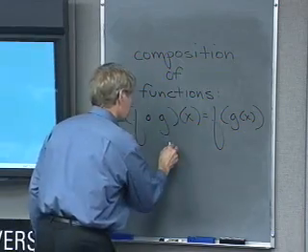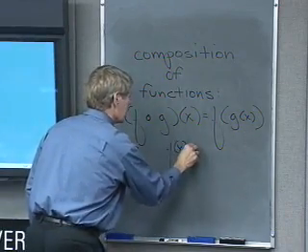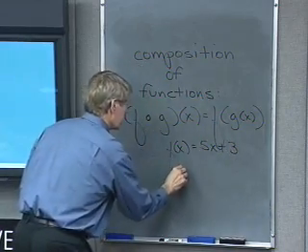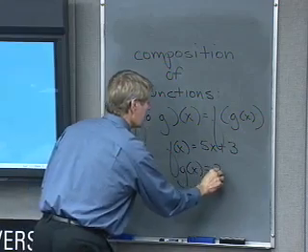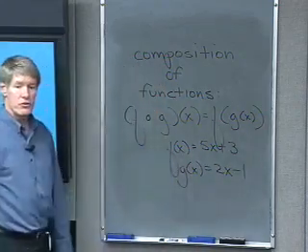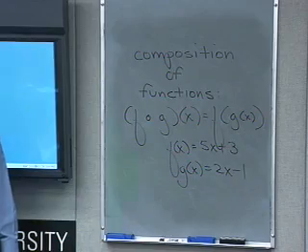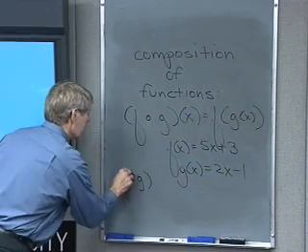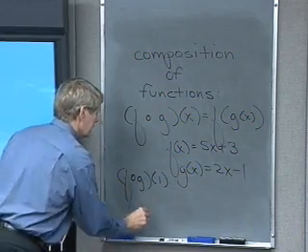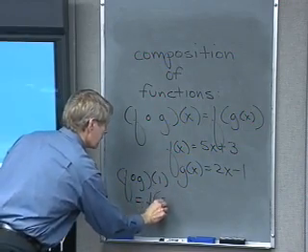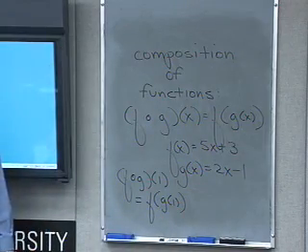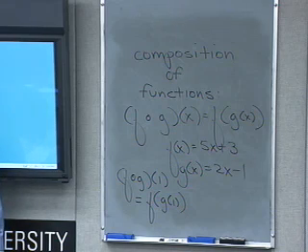So let's take a simple one. There's the f of x. There's the g of x. Let's start simple with a point. Let's say we want the f of the g of 1. So we start with the g of 1. What's the g of 1?